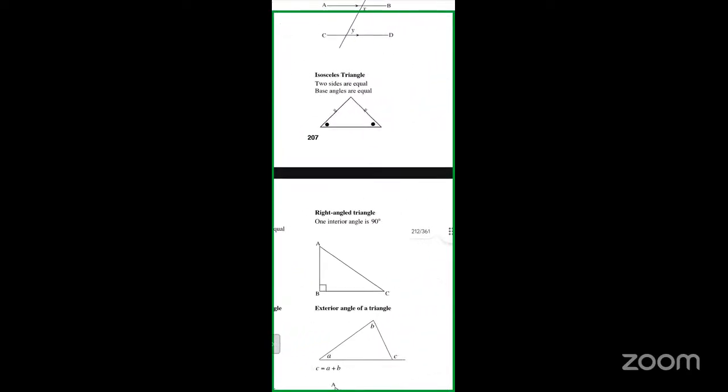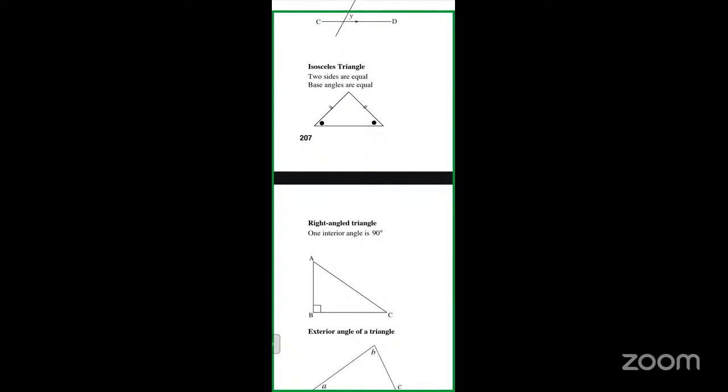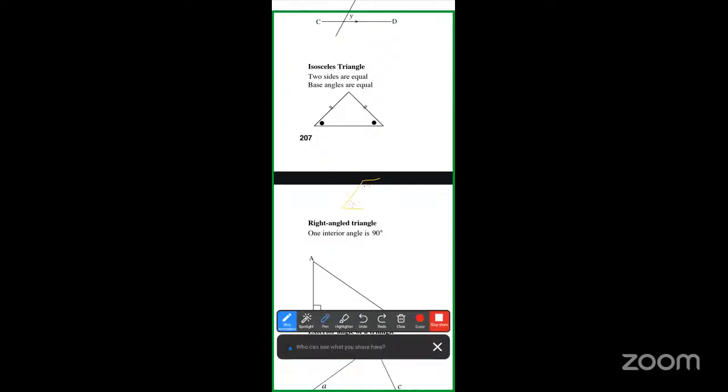Now, let's move to an isosceles triangle. Oh, I love this triangle. We are going to use it a lot. So an isosceles triangle is a triangle whereby two sides are equal and base angles are equal. Those base angles, note that they are opposite those equal sides. This angle right here is opposite that side, and this angle right here is opposite that side, and those sides are equal.